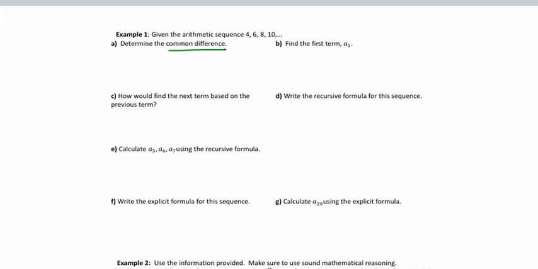So from 4 to 6, we see that we're increasing by 2. From 6 to 8, we're also increasing by 2. From 8 to 10, we're increasing by 2. We'll note that since we're increasing by the same number for each consecutive term, this is an arithmetic sequence. And then the common difference is going to be positive 2.